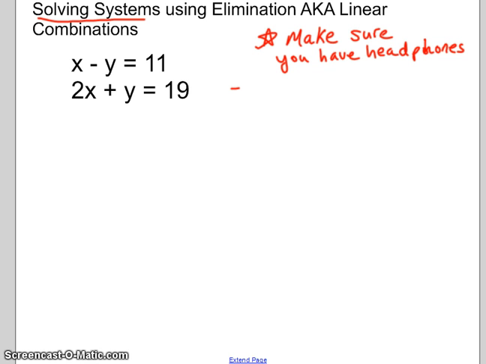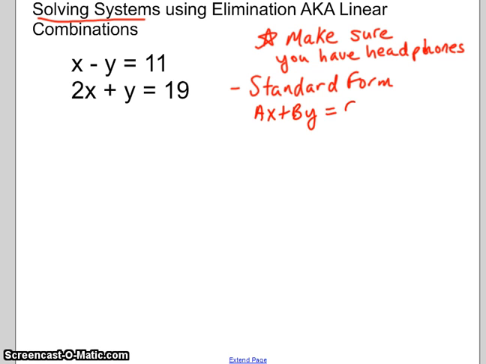All right, this is very easy to use in standard form, which is ax plus by equals c. Our first example, of course, is already set, so both equations are in standard form.